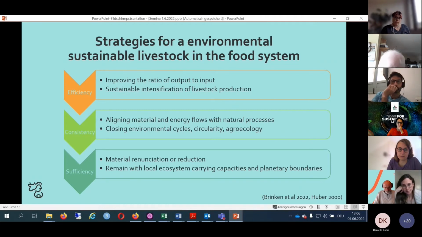Well, I think as such, the reduction of meat is not a purpose on its own. And so I translate sufficiency mainly to say it's about producing livestock within the ecosystem carrying capacity and planetary boundaries. And as long as we are within those carrying capacities, well, it's okay to consume animal-sourced food.